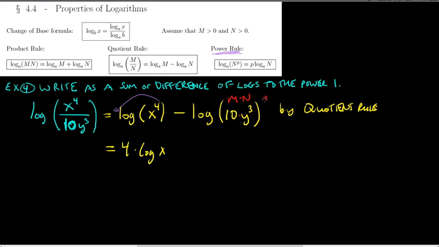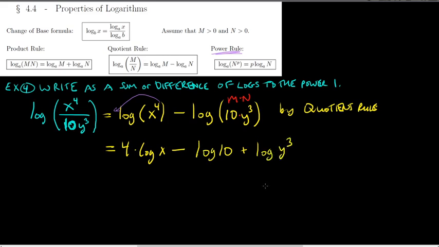If the 3 were on the outside here, if it were 10y all to the power 3, of course, then you can bring the 3 in front. But this exponent of 3 here only goes to the y, so we cannot bring it in front of both. So instead, we're going to rewrite this as log of m plus the log of n.